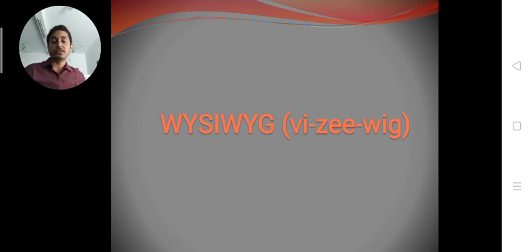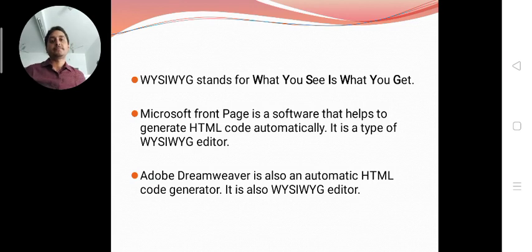W stands for what, Y stands for you, S stands for see, I stands for is, and again W stands for what, Y stands for you, G stands for get. Let's see on the next slide. It stands for what you see is what you get.